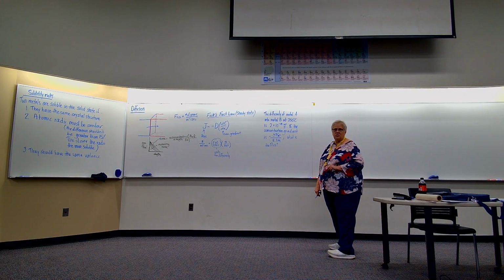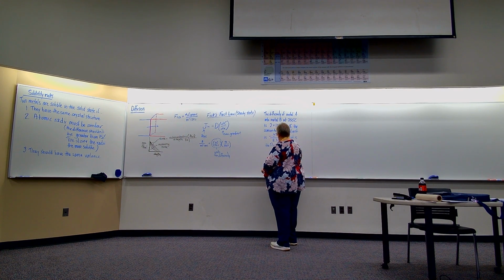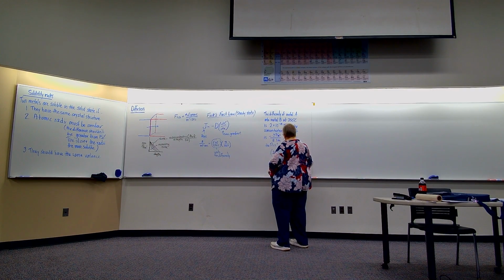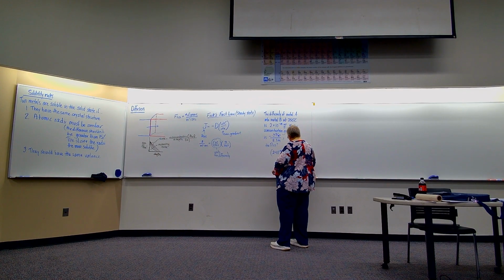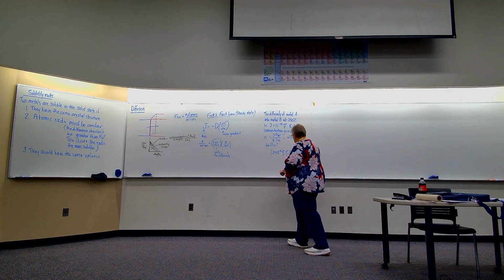You just multiply D times the concentration gradient. Meter squared per second times negative 3 grams per meter cubed, per meter, and we're going to make that negative.